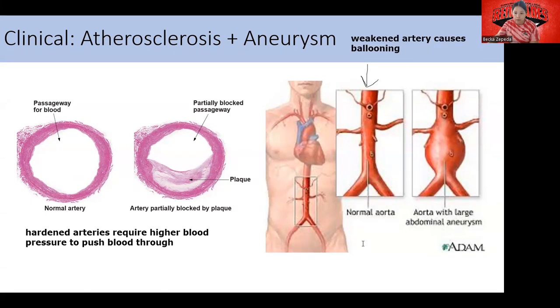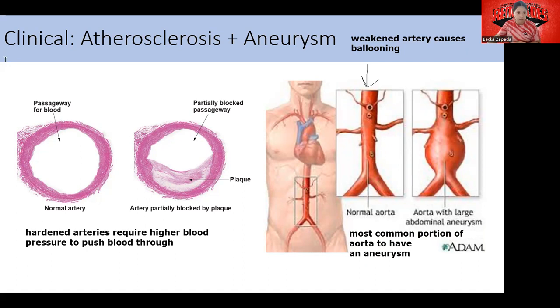The abdominal aorta is the most common part of the aorta to experience an aneurysm. It's the most common portion of the aorta to have an aneurysm.